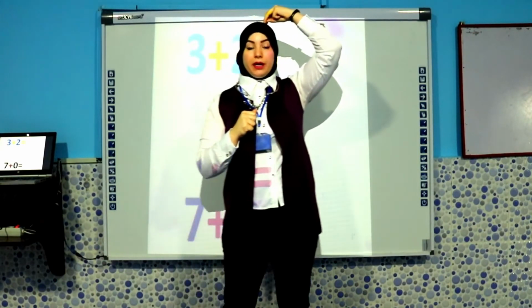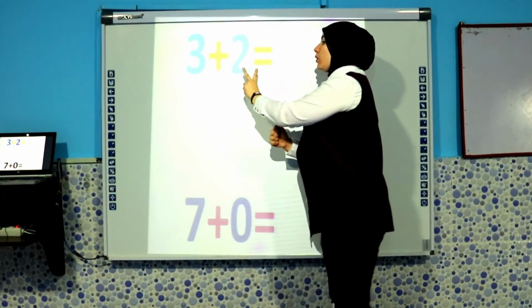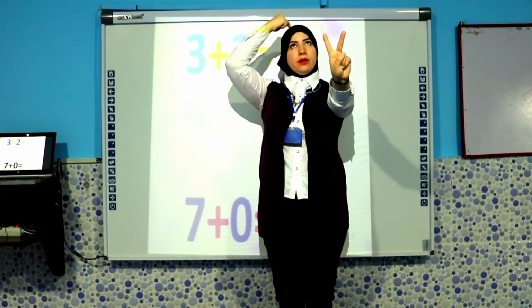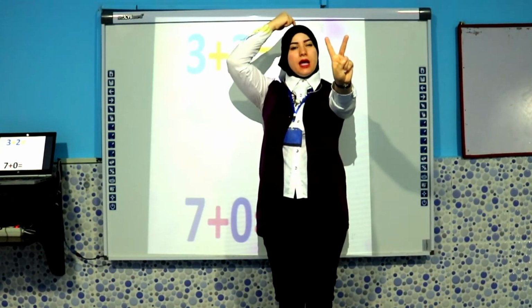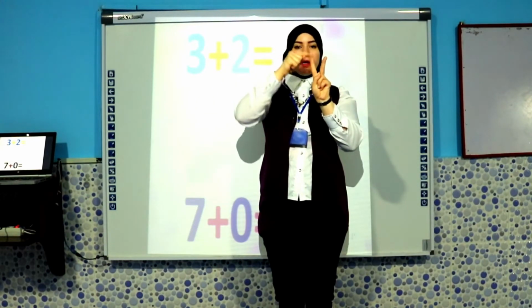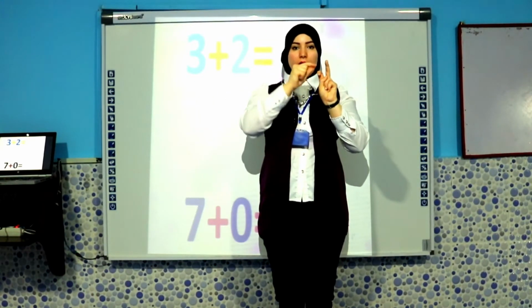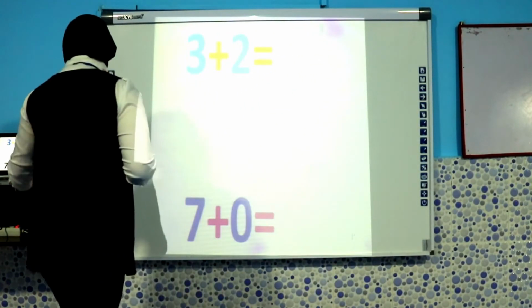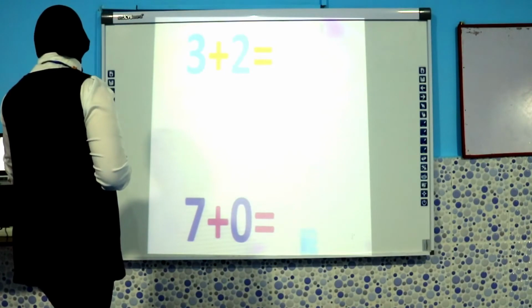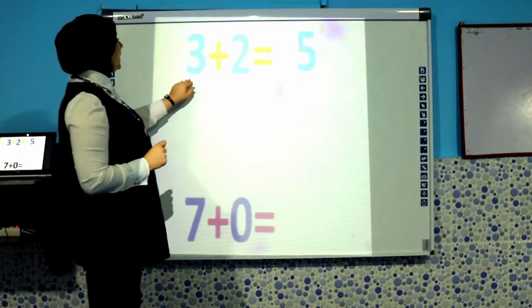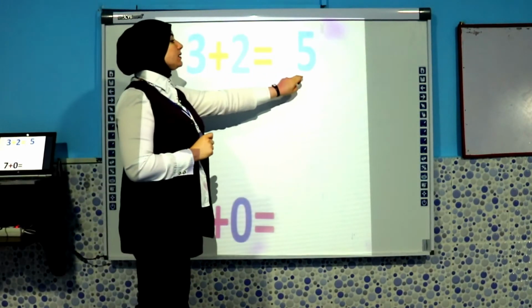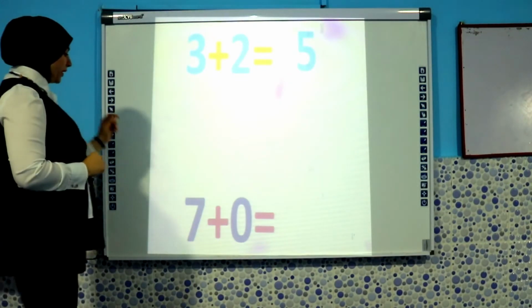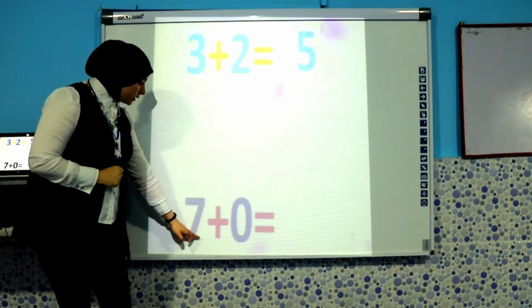Put the bigger number in your mind and the smaller number on your fingers and count after the bigger number. You have 3 in your mind and 2 on your finger. After 3, 4, 5. Excellent. So 3 plus 2 equals 5. Thank you very much. Let's see the other equation that we have here.